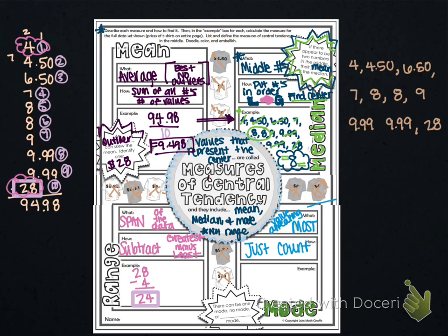So if we're looking at our data over here, or I could even use this data right here since it hasn't been marked up, we just count what number appears more than once. So it's okay to not have a mode. If every single number appears the same amount of times, you do not have a mode.